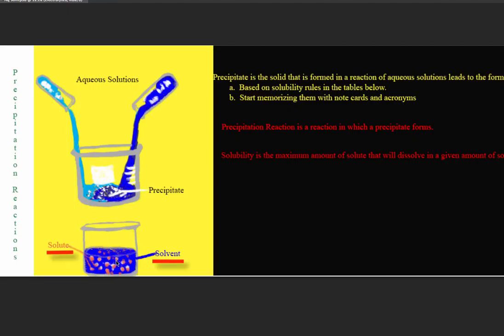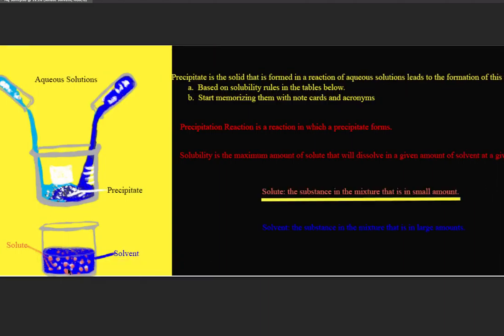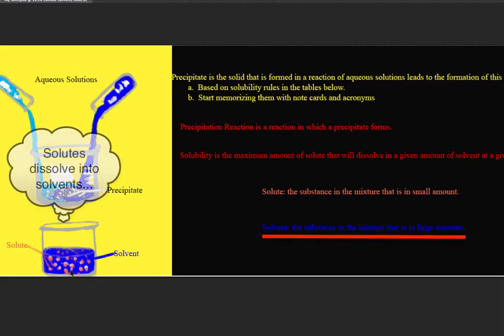Solutions are made up of solutes and solvents. A solute is the substance in the mixture that is present in small amounts, like sugar, for instance, relatively speaking to the tea in the cup, and the solvent in this case would be the tea because it's present in larger amounts.